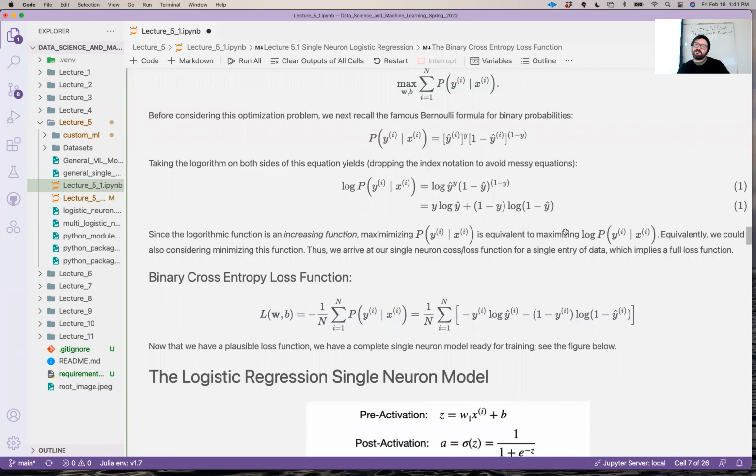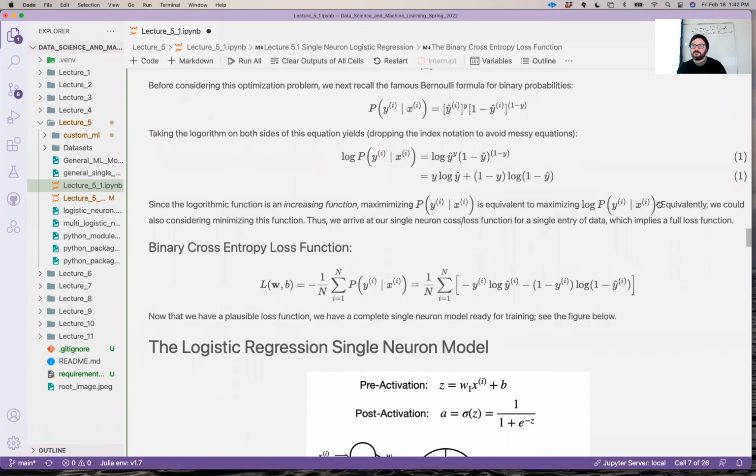We're transitioning from maximizing the sum over these p to maximizing the log of those p, which is this side here, for each instance of training.